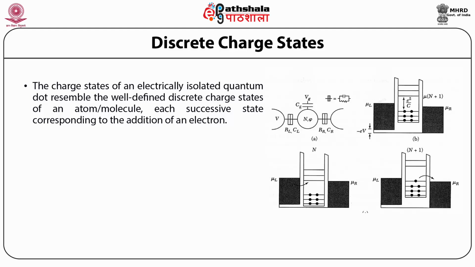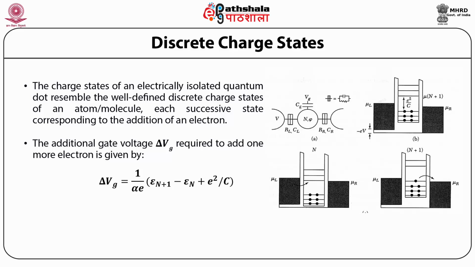This figure shows the schematic of a discrete charge state, where the additional gate voltage, delta Vg, required to add one more electron is given by delta Vg equal to 1 by alpha E multiplied by epsilon n plus 1 minus epsilon n plus E square by C, where alpha is equal to C by Cg.